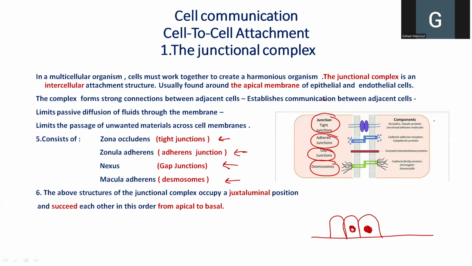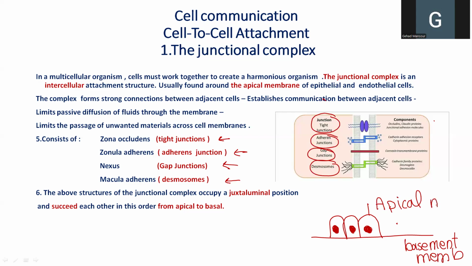Whether they are lining cavities, endothelial cells, or covering surfaces, epithelial cells, they will rest on a certain membrane, which is called the basement membrane. So the basement membrane is the membrane on which they rest, but the other side is called the apical membrane.